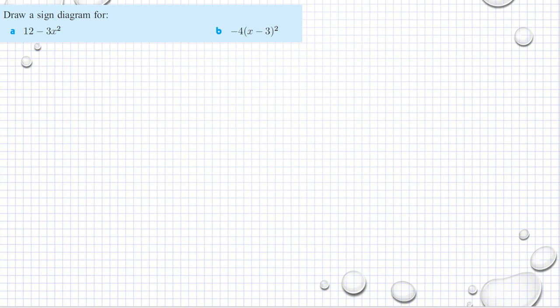If we factor this one by 3, we have 3 times 4 minus x squared. And then if we factor more, we have 2 plus x, 2 minus x. That means my x and y.